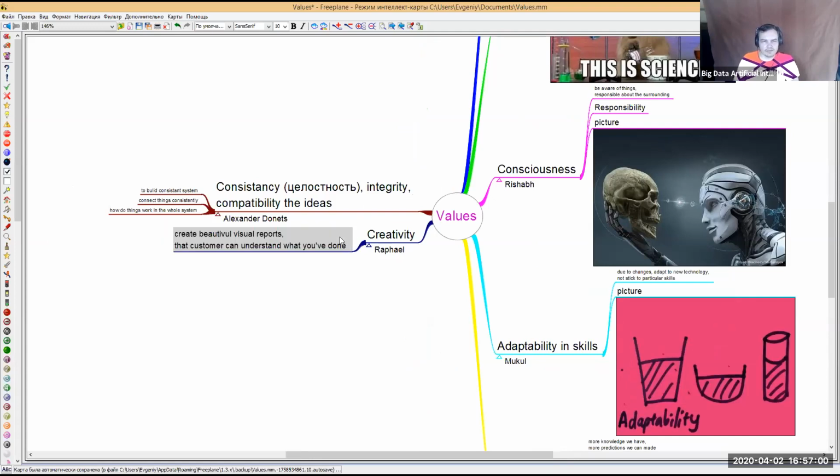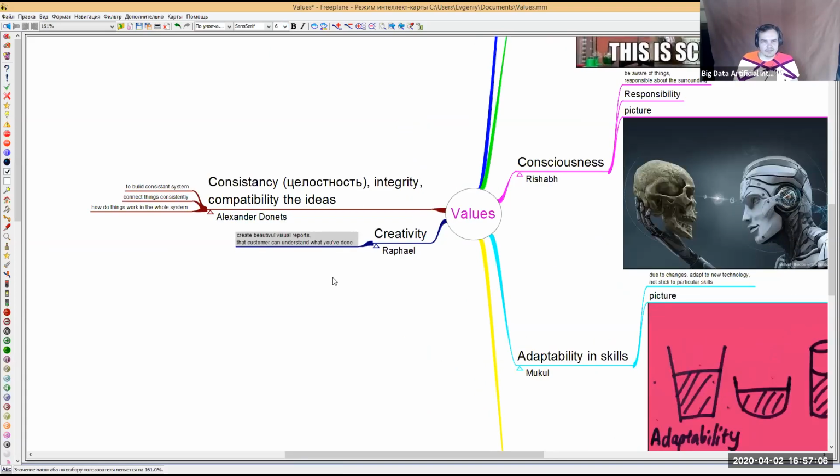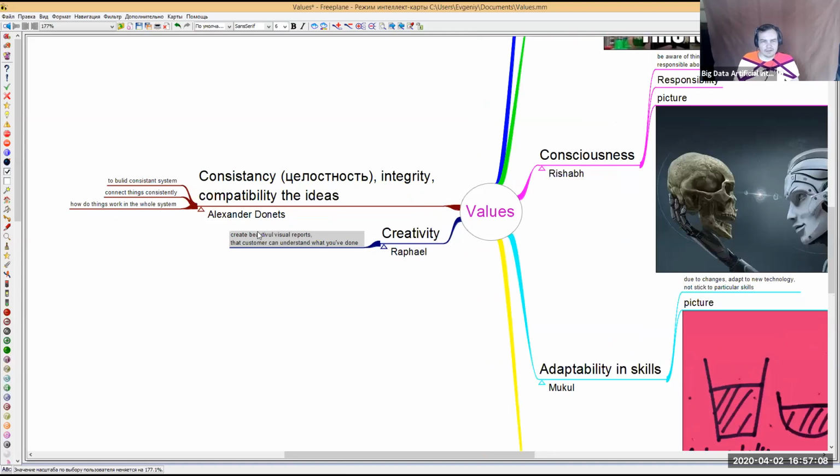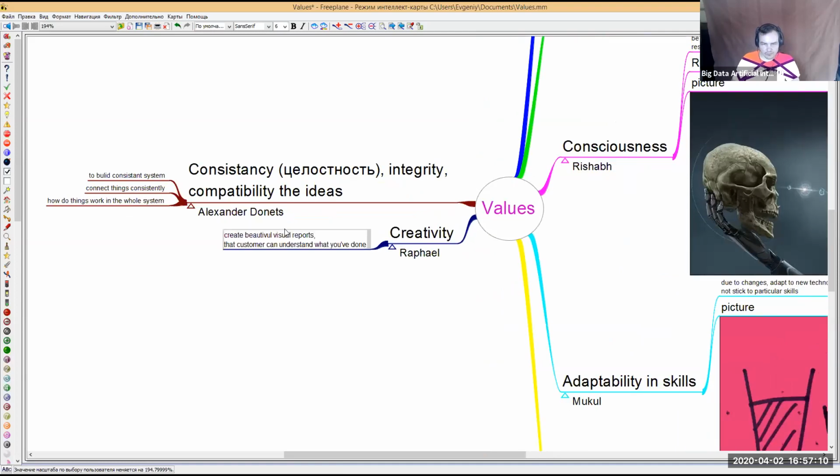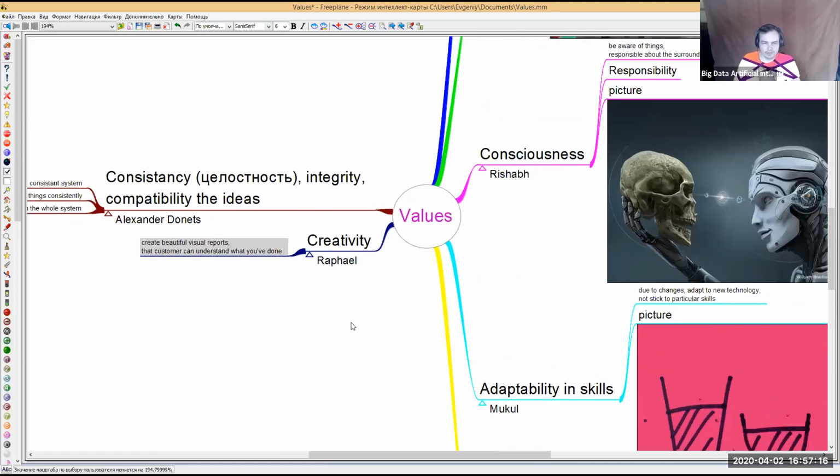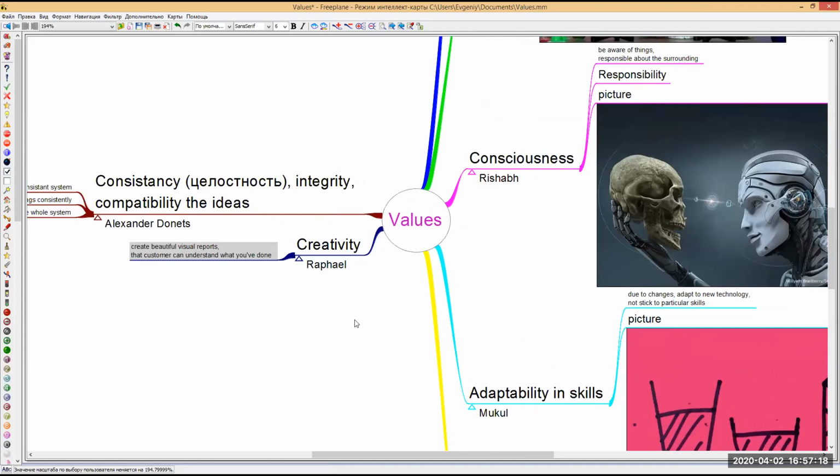Create beautiful visual reports so that the customer can understand what you have done. Creativity. It's like kind of a case.